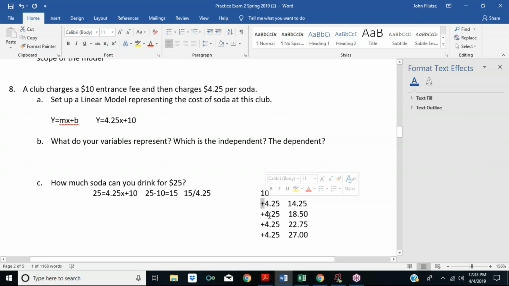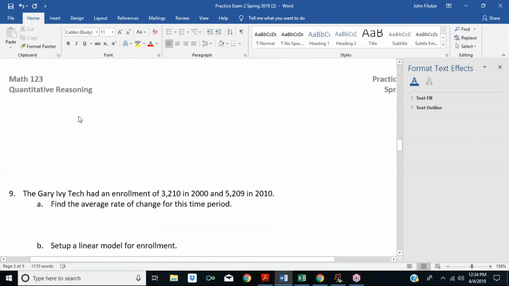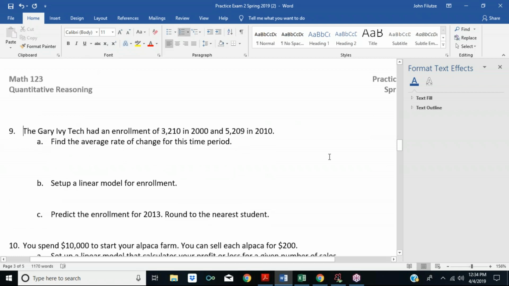So it looks like they can purchase 1, 2, 3. So a couple different ways to do that. And it doesn't matter to me which way you do it, as long as you show your work and you have the right answer, right?